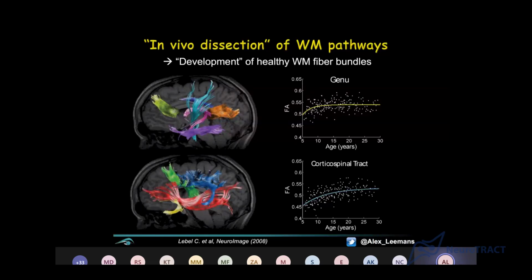And since then, many studies have been showcasing the use of diffusion MRI and DTI in particular to capture properties of different pathways. And this is an example where, as you age, growing up, developing your brain, you can actually see properties of diffusivity changing, and these changes are different for different structures in the brain.